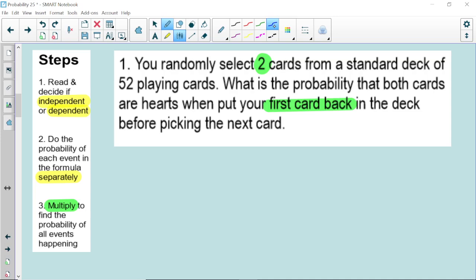So then I ask you again, is it independent or dependent? Independent is when it does not affect the next. Dependent, it will affect it. Independent, they stand on their own. So what do we think? All right, a couple more of us saying independent. Do we agree with independent, or do we want to go back to dependent?